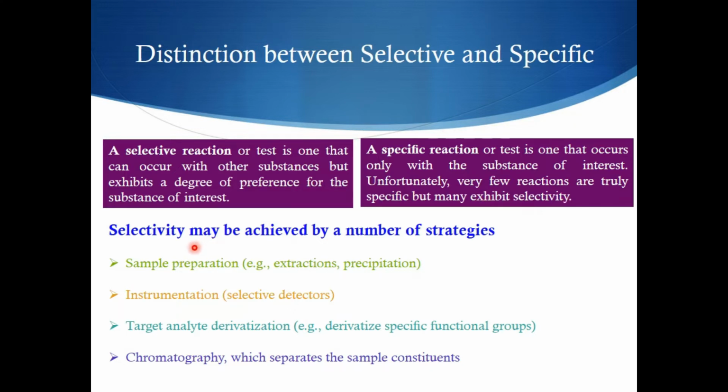So, in order to obtain selectivity, there are a number of strategies. For example, sample preparation, which includes extractions, precipitations, and instrumentation. In case of instrumentation, we can use selective detectors, which can detect only the desired component of the sample.